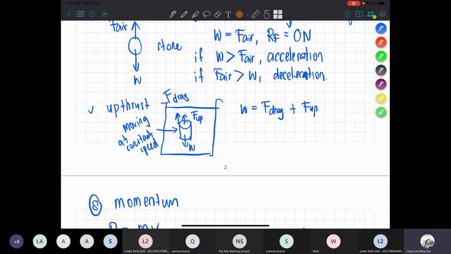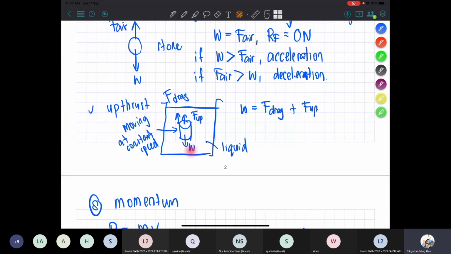Another example of free body diagram is when we study the cylinder in a liquid. So inside a liquid, if the cylinder is moving with constant speed, then you have three forces act on the cylinder.